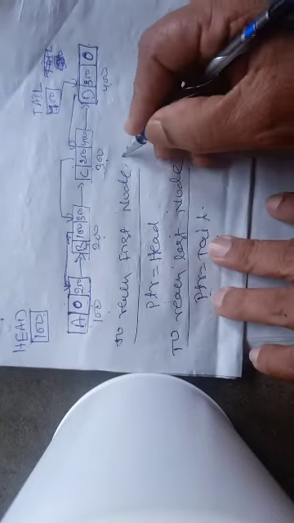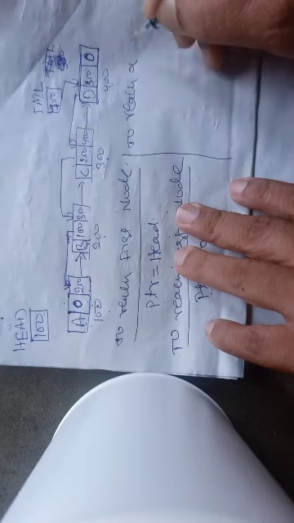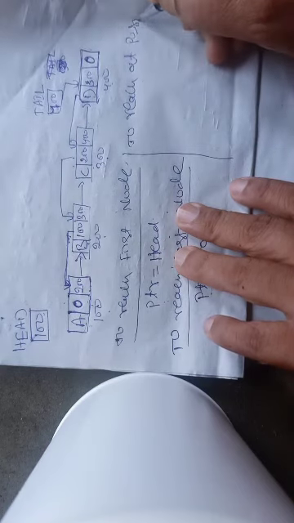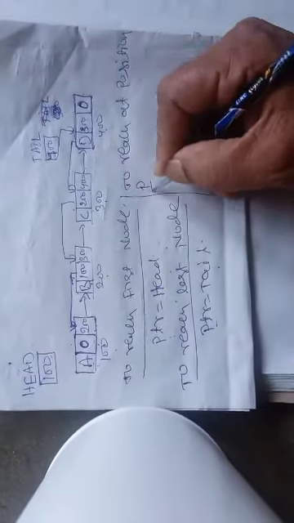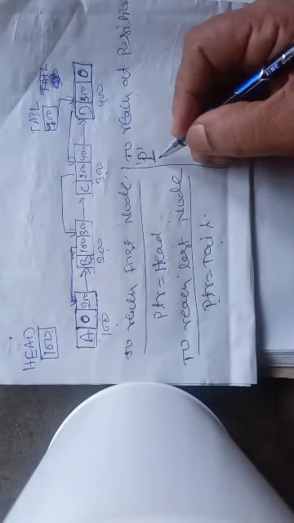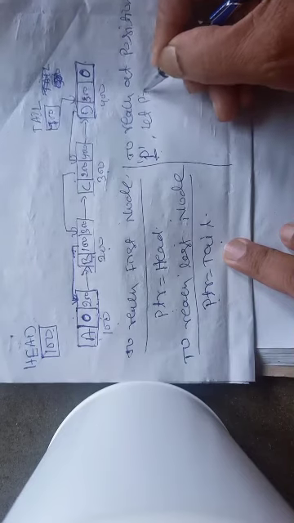Now to reach a node at position P. Suppose I want to reach a particular node which is at position P. Let us assume that the value of P is 3.